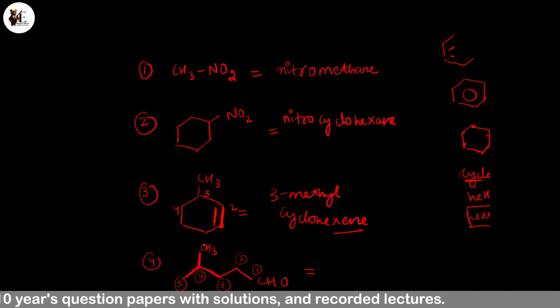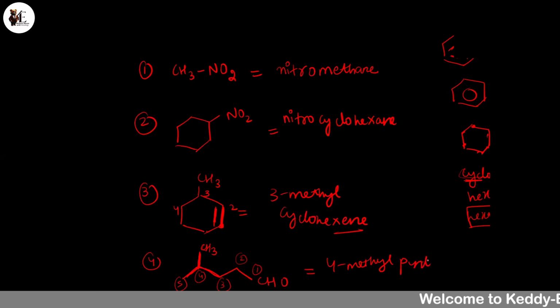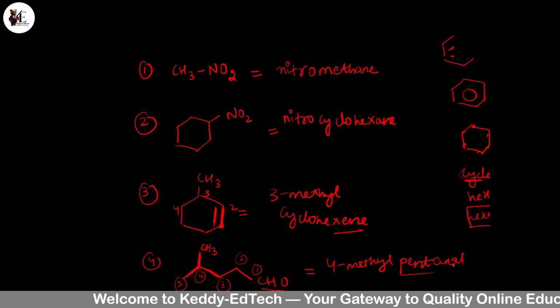You are not representing the carbon atom, but it is there. Okay. So it is CH3 group. That means methyl group is there. So it is 4 methyl. How many total carbon atoms are there? Chain 5. It is pent. And the functional group is aldehyde. Aldehyde will always end with al. So it is 4 methyl pentanal.